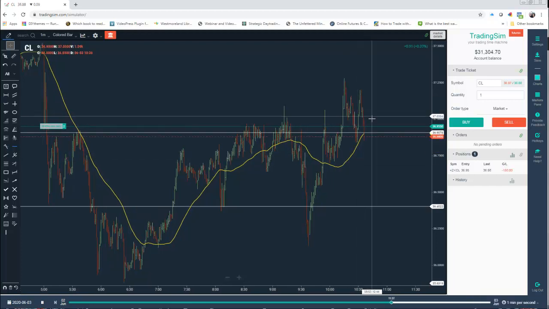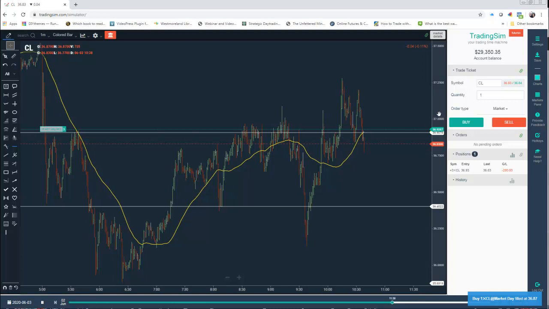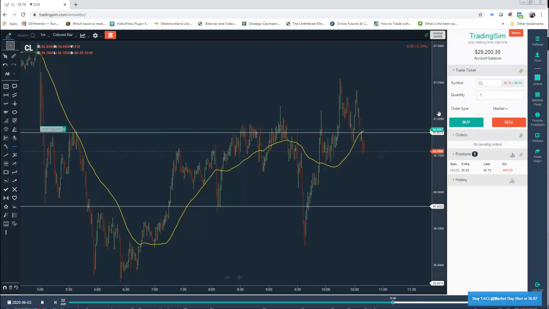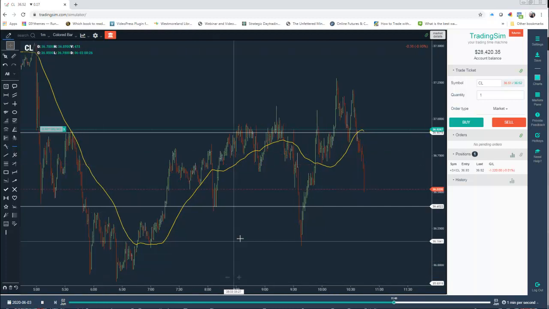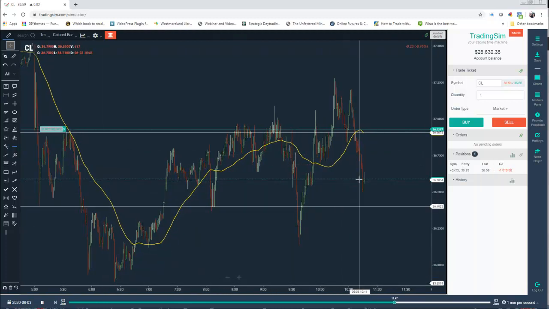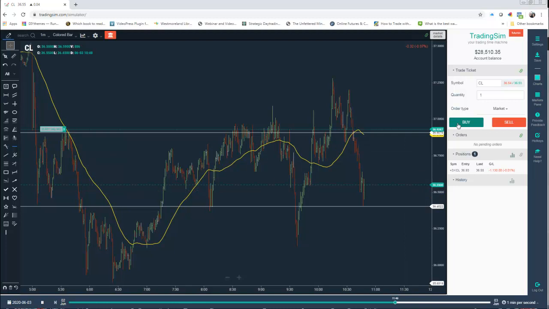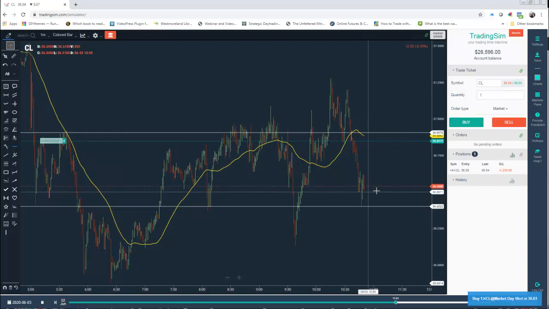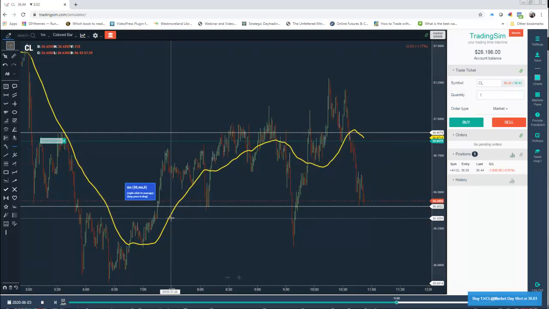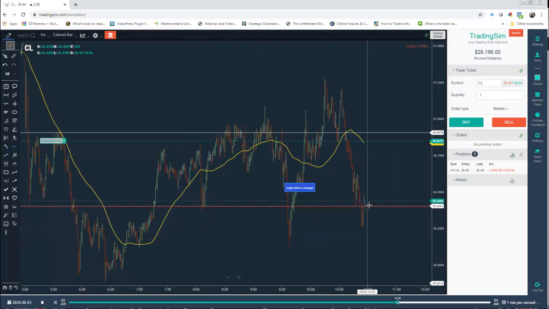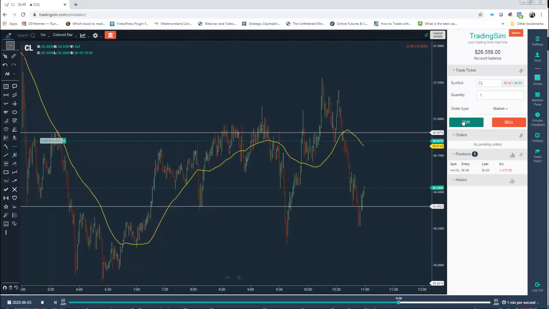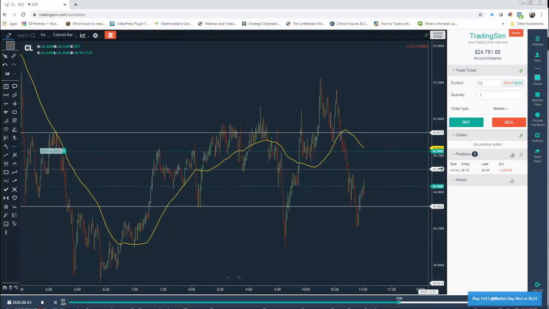We're angling up. I want to buy again. Looking to see if these will hold here. Oh, I'm very aggressive. I like buying all into here. This all looks like smoke and mirrors. Let's go ahead and buy again.